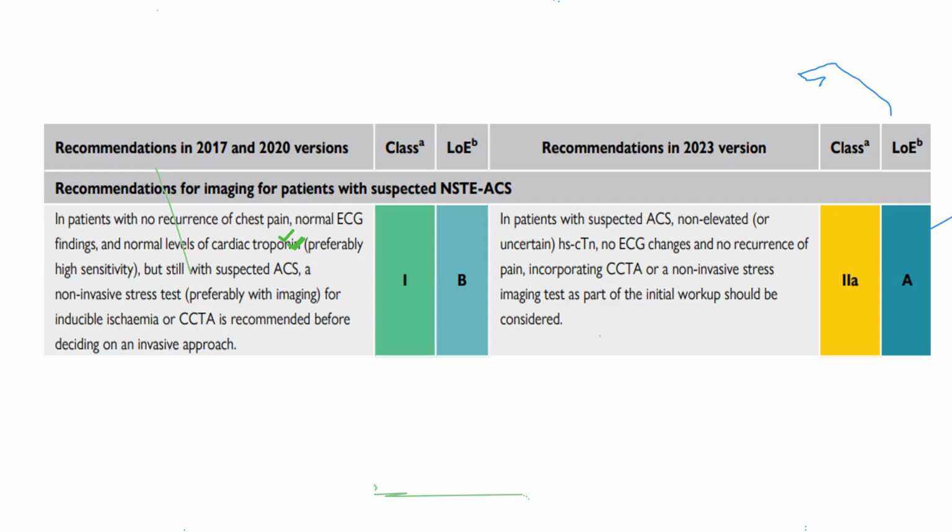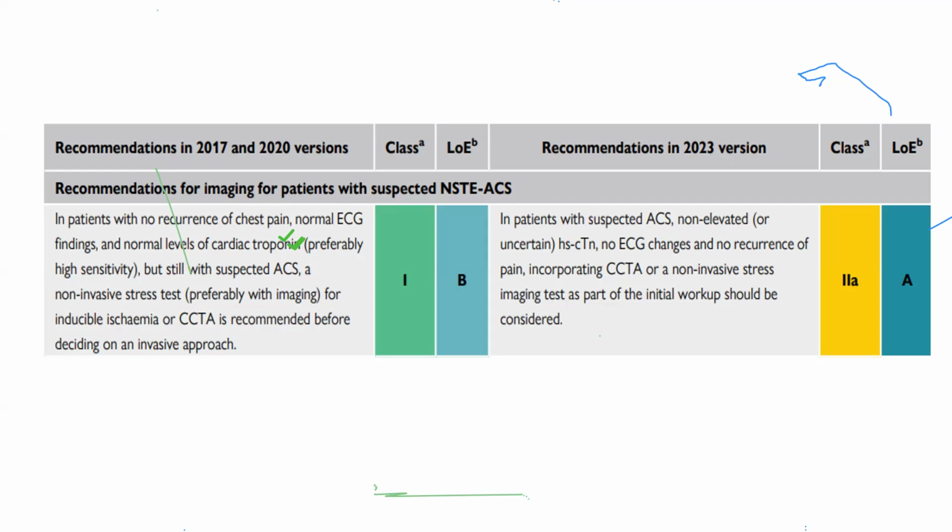So you have a patient that had ACS, you've evaluated, but you don't have evidence by definition to support a diagnosis of ACS, but you still feel that this patient has ACS. Then you could have done a CT coronary angiogram or a stress echocardiogram or a stress SPECT or stress PET.